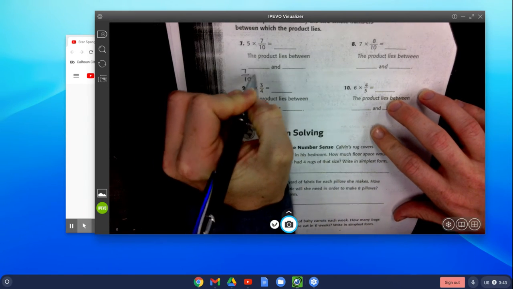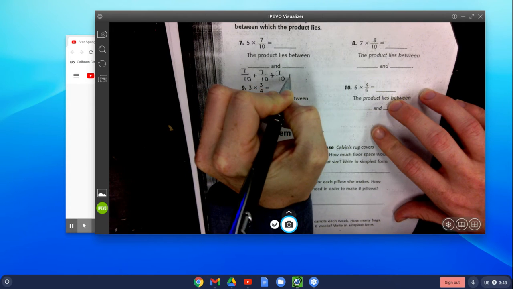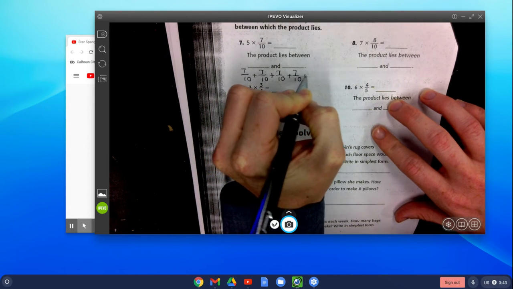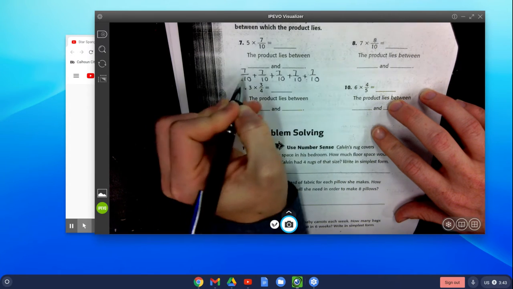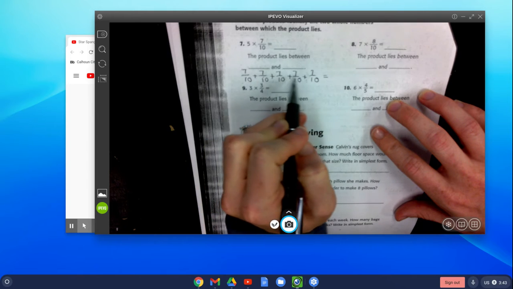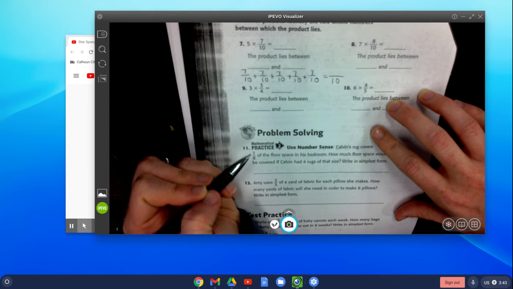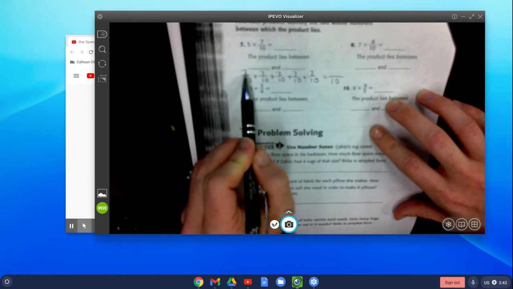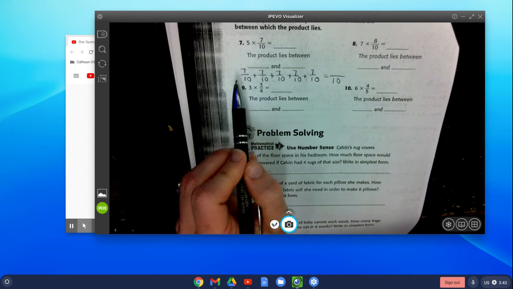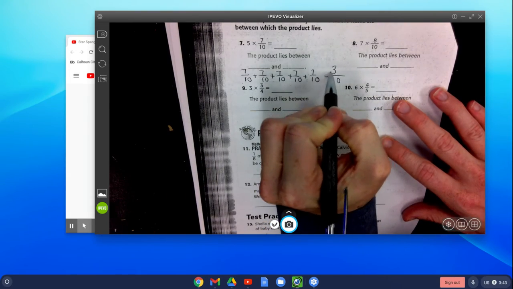So I'm doing 7/10 plus 7/10 plus 7/10 plus 7/10 plus 7/10. 1, 2, 3, 4, 5. Now, when I'm doing this, I do not add the denominator, and I'm looking at 7, 5 times. So that is 35.